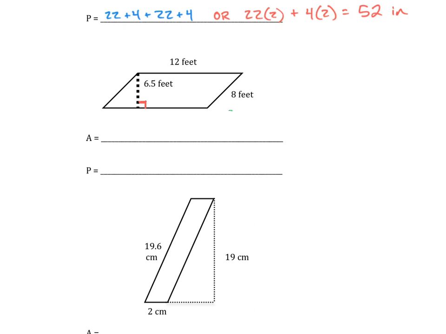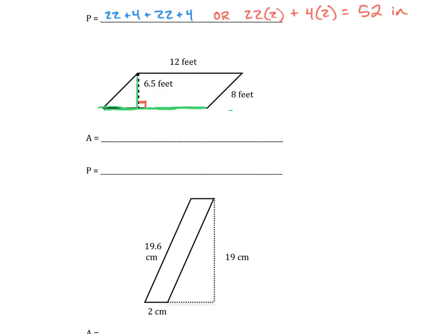So here's the base. Okay, I'm going to draw it in green. That's the base. The height is always perpendicular. It's a right angle off the base. So the height of this parallelogram is not 8 feet. It's 6.5 feet. And that's where the slip up can happen.